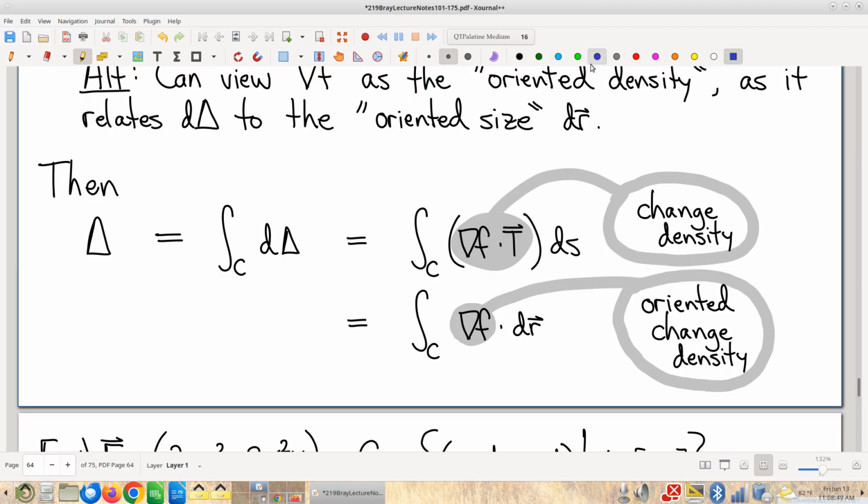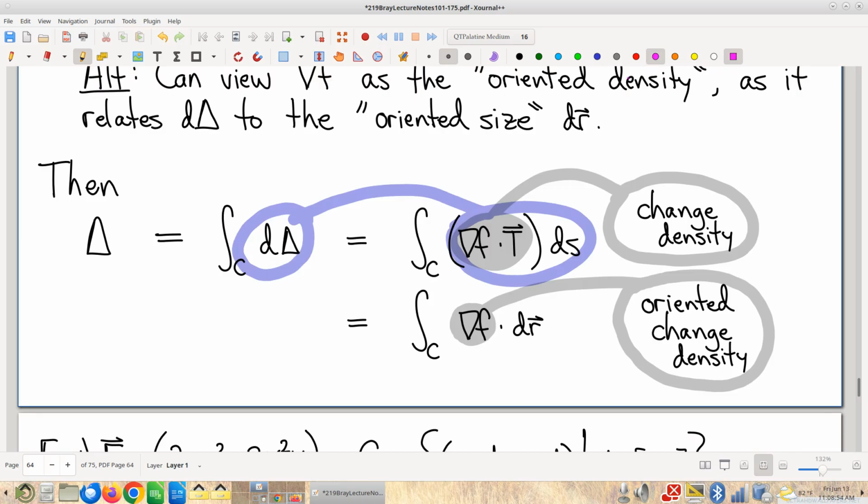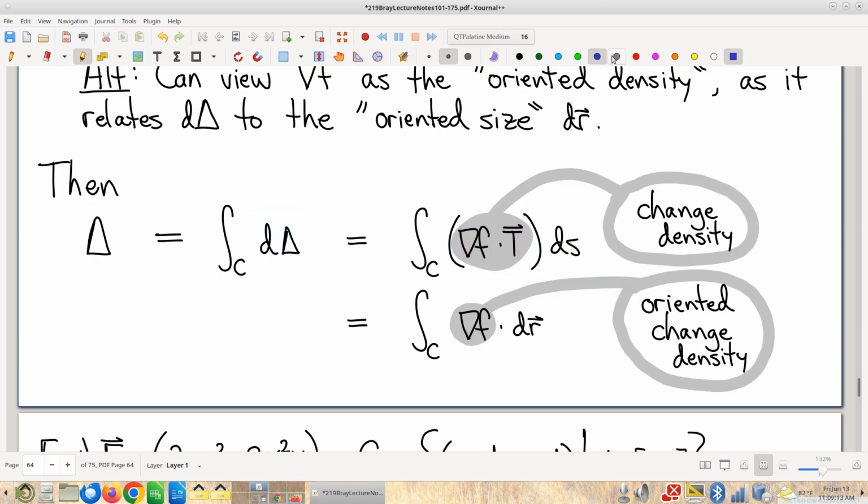We've already observed this. And so again, this is density because it's what you multiply by size to get stuff. That's what a density is, stuff per unit size. Now, let's take a look instead at this.